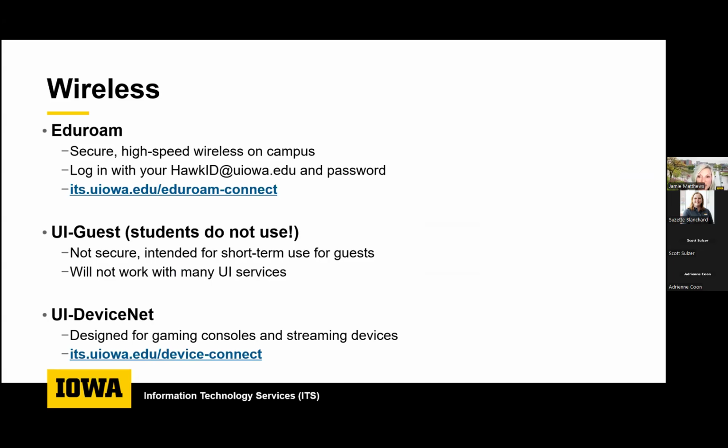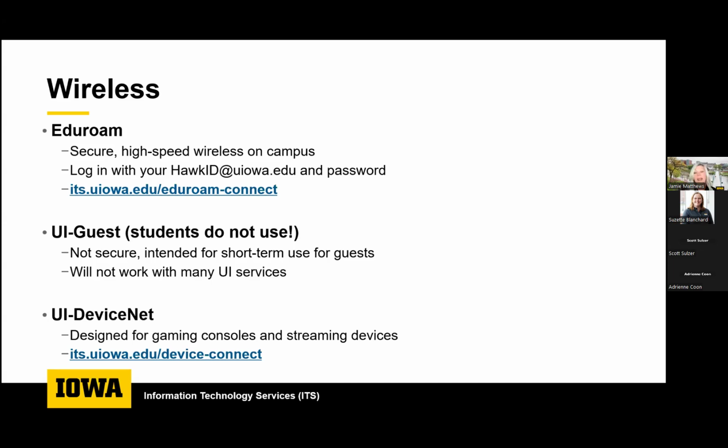Eduroam stands for education roaming. Almost every college, higher education institution across the United States and around the world, almost everyone uses Eduroam. As a University of Iowa student, if they were to go visit another campus in another location, they can connect to that other campus's Eduroam service with their University of Iowa Hawk ID.